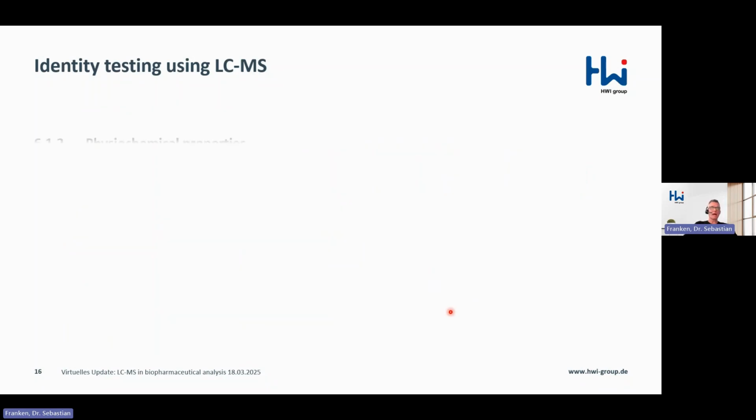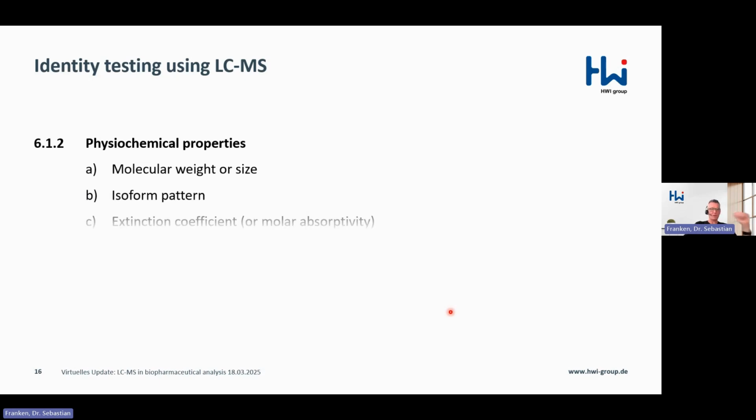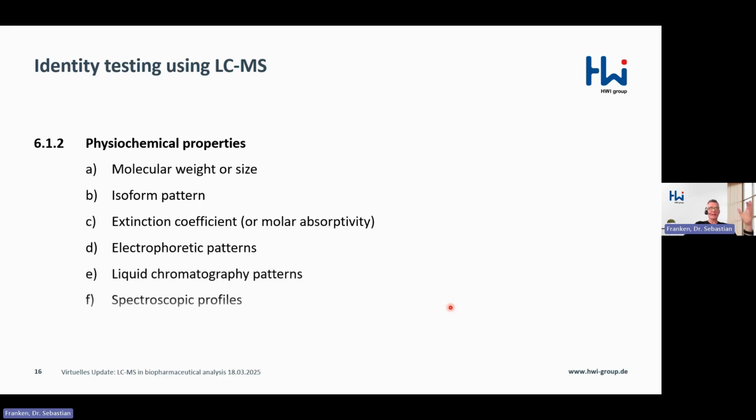This means that we have to determine the exact molecular weight of our protein. We should look for isoform pattern, extinction coefficient, electrophoretic patterns, LC patterns, and spectroscopic profiles.